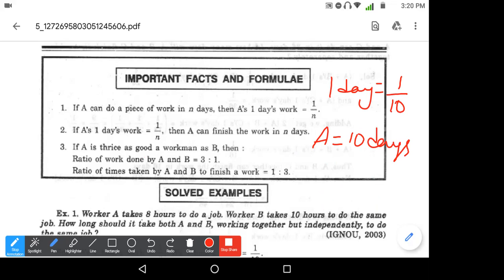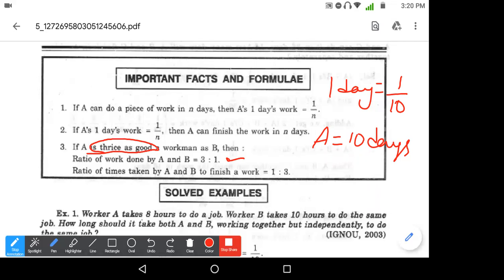Okay. Then if A is thrice as good a workman as B, then the ratio will be 3:1. So we have solved enough ratio problems. You can apply ratio because they are saying thrice, which means 3 times.